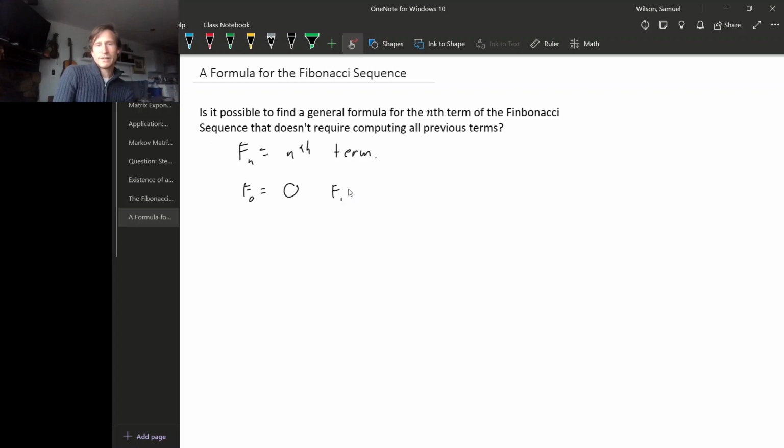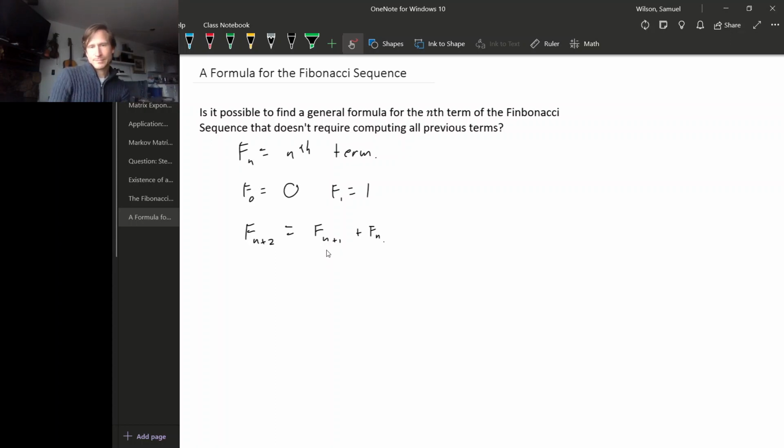F sub 1, that's the number in position 1, and that's a 1. And then, right, these two numbers get the whole thing started, and then after that, to get the n plus 2nd term, you add the two terms before it. So that's f sub n plus 1 and f sub n. Okay.